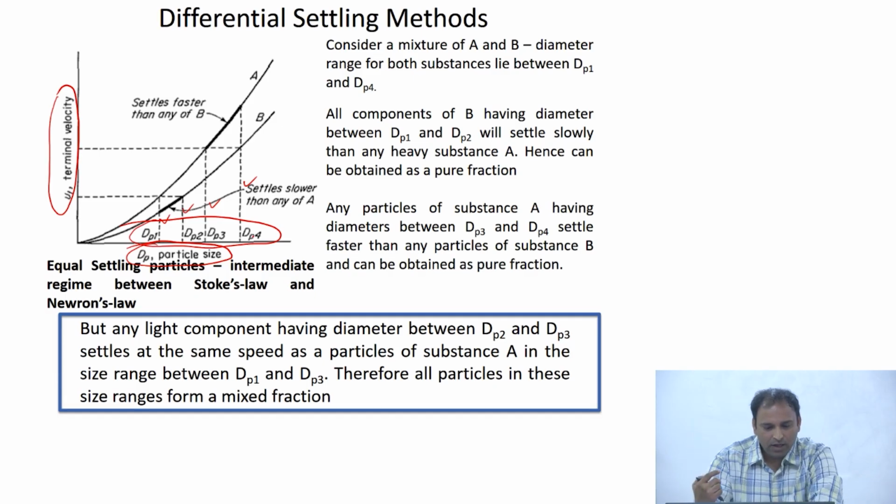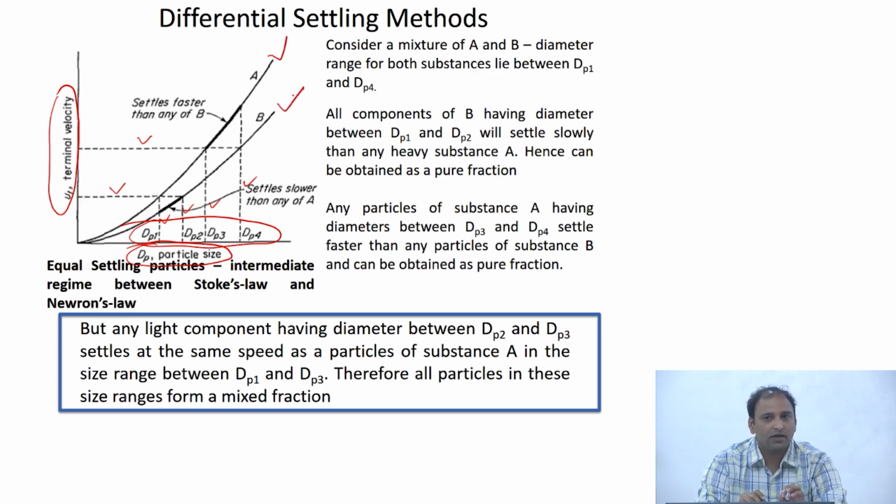Now there's a horizontal line drawn here, and this horizontal line corresponds to the equal settling. This plot for A shows how the terminal velocity of the type A particle varies as a function of size.